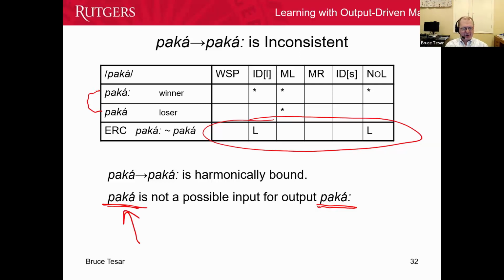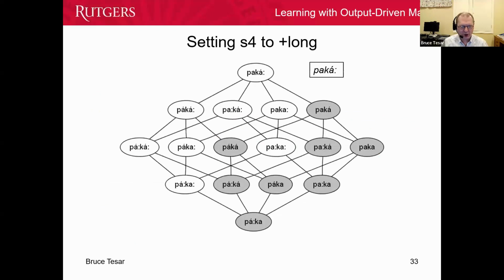And this is efficient because we're using, again, the structure of output-driven maps. So all of the shaded circles here represent all of the inputs where that second vowel is short. Its value is set to minus long. So if that value were to be minus long, the input would have to be one of those.